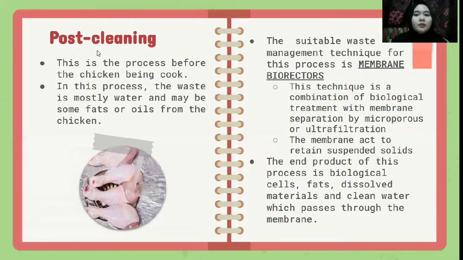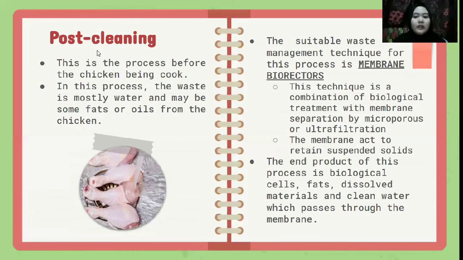The most suitable waste management technique for this process is the membrane bioreactor. This technique is a combination of biological treatment with membrane separation by micropores of ultrafiltration. The membrane acts to retain suspended solids, so it will leave only clean water.